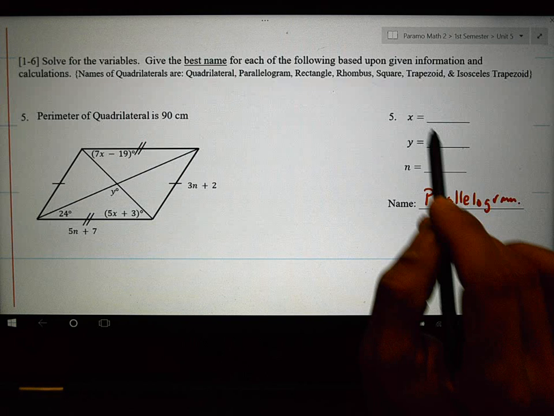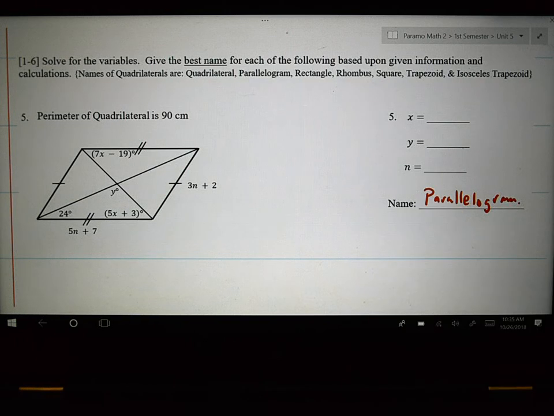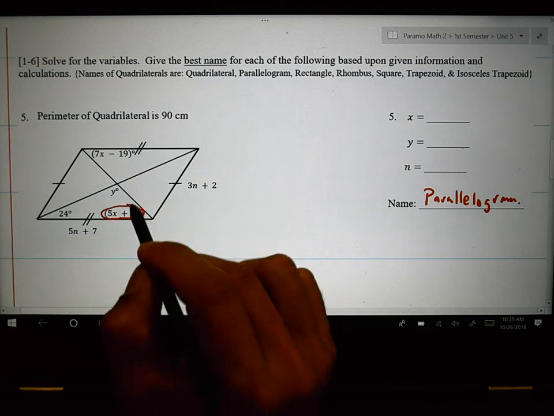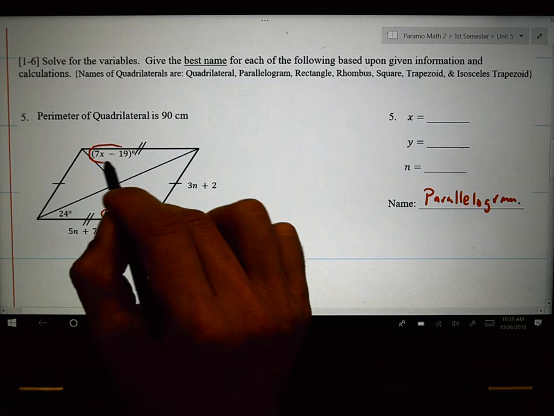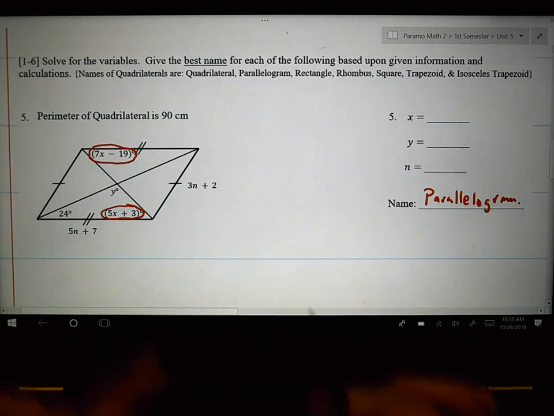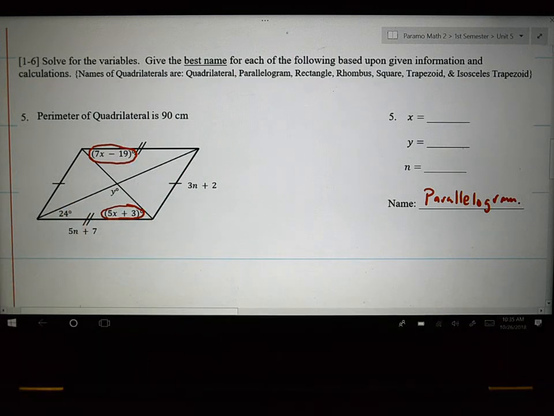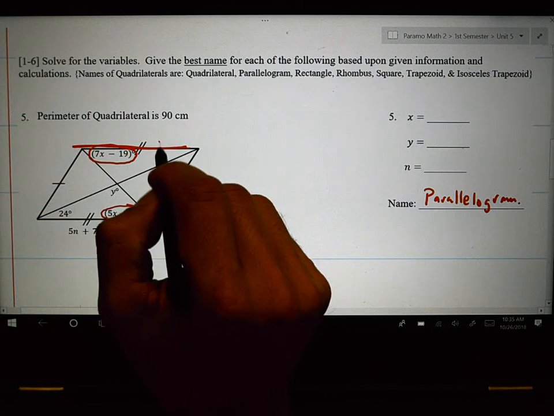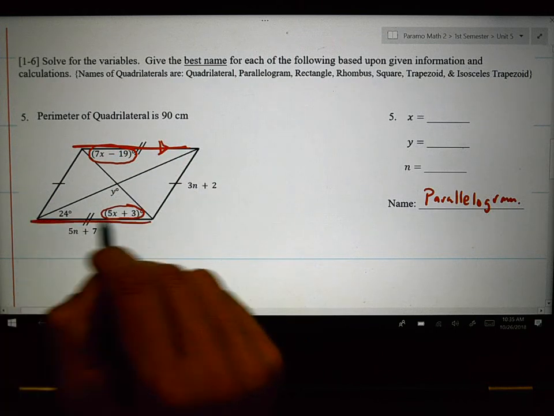Let's do, the first letter is x. Here's an x. And here's an x. If this shape is a parallelogram, that must mean that the opposite sides are parallel. This has to be parallel to this.